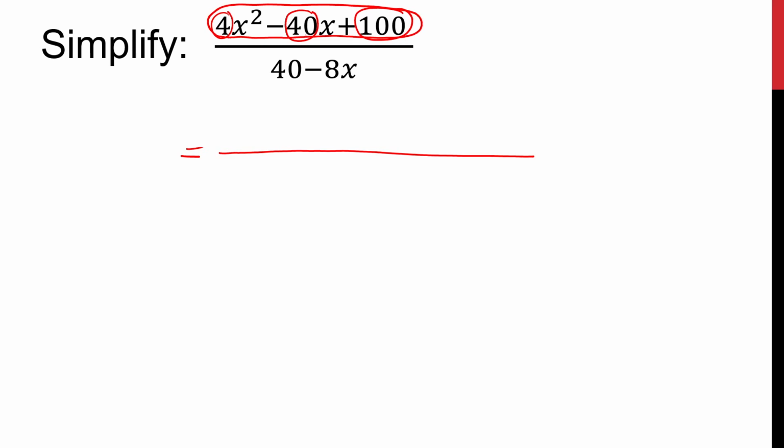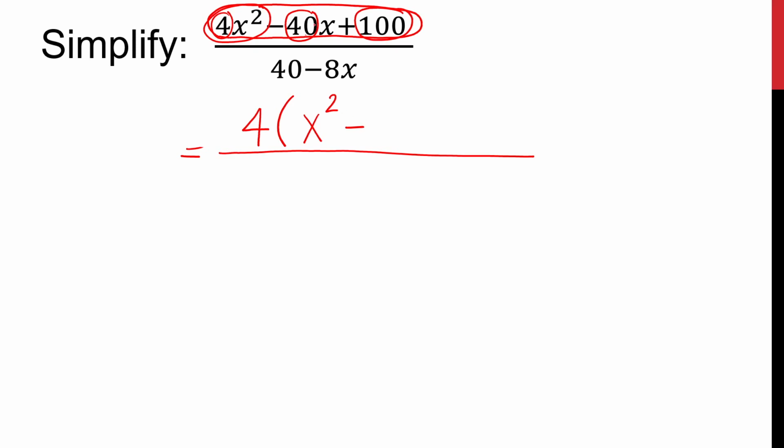20, sir. Not 20, because 4 divided by 20 cannot be done. 4, sir. Very good. The number 4. So I will factor out the number 4. What remains of 4x squared? X squared. Very good.